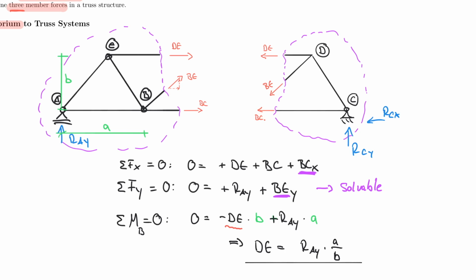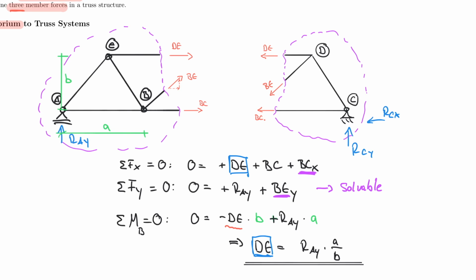And now you can see that I have also solved now for DE. And so I can use that DE in this equation up here. And then last but not least, I could solve for BC, which is my last unknown in this equation now. So I can solve this.